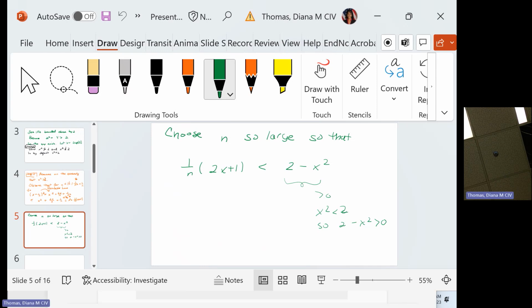Because what allows me to do that is just what you just said. If this is a big number bigger than 0, I can just jack up the n so that this number becomes small on this side. So eventually, this is going to be such a small fraction that it's going to be smaller than this side. Agree?